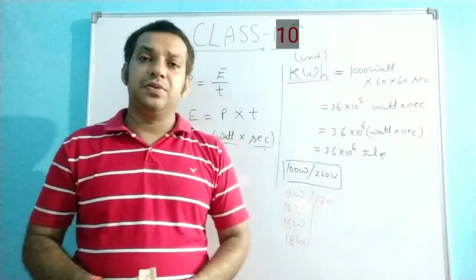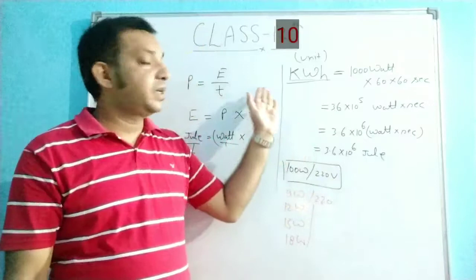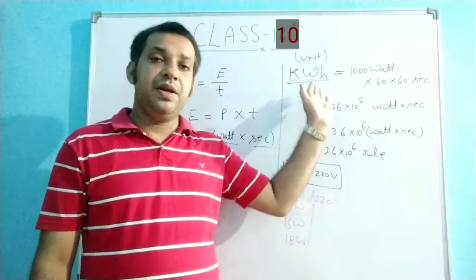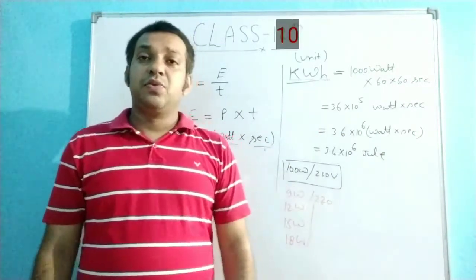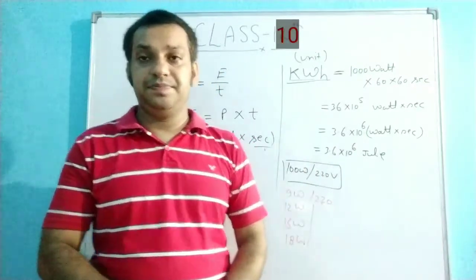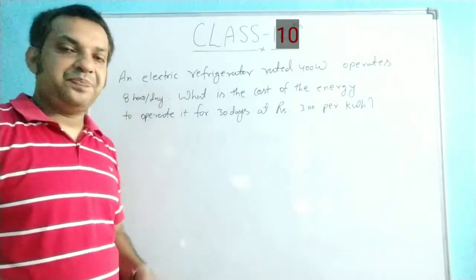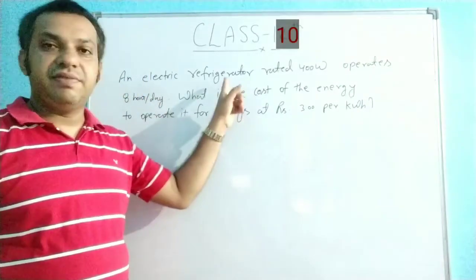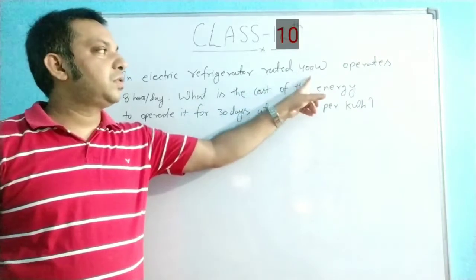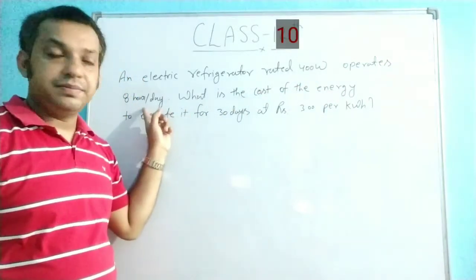I hope you understand the commercial unit, the kWh or the unit, and let us discuss some questions related to the commercial unit. Let us see the question, which is given in the NCERT. An electric refrigerator rated 400 watt operates 8 hours per day.